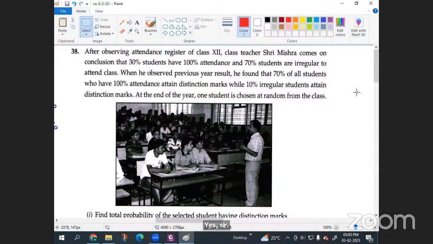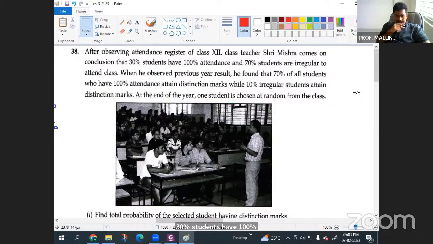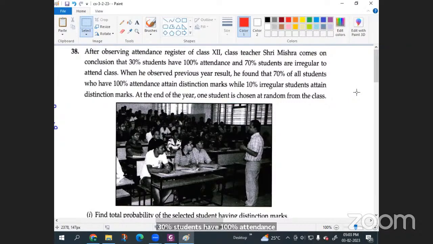After observing the attendance register of class 12, class teacher Shri Mishra comes to the conclusion that 30% of students have 100% attendance and 70% of students are irregular in attending class.